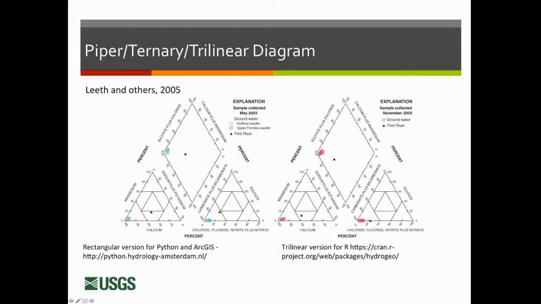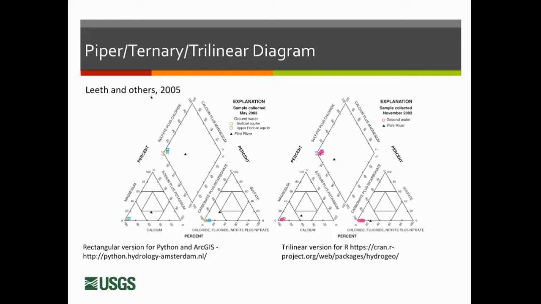Another graphical way to present multivariate water quality data is the Piper trilinear diagram. These are some examples from a USGS report; the complete references are in the notes. I didn't know until I was developing this presentation that the Piper diagram was developed by Arthur Piper, who worked for the USGS and published a paper about these in 1953.